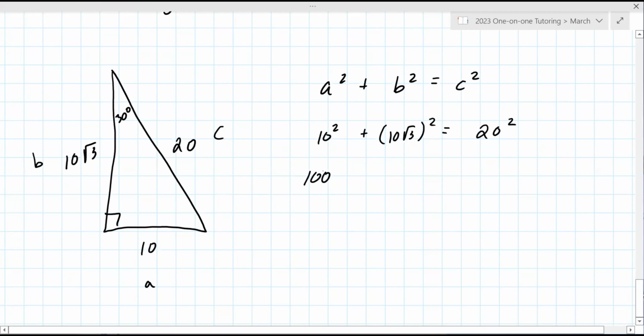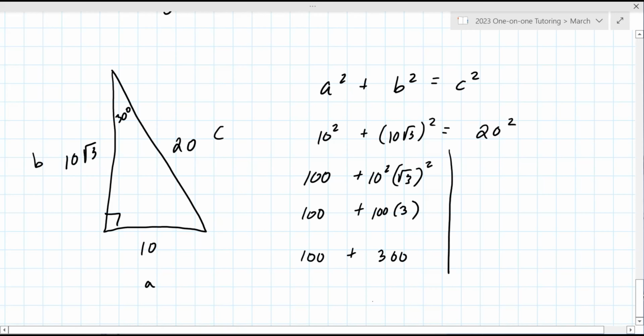Do you remember how to square something like this? I'm not sure if you've seen that before. No, I don't think so. So you square the number, and then when you square a square root, it undoes it. Oh. So it's 100 times 3. Okay. So this becomes 300.